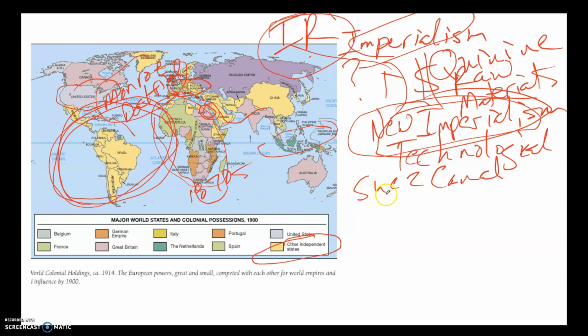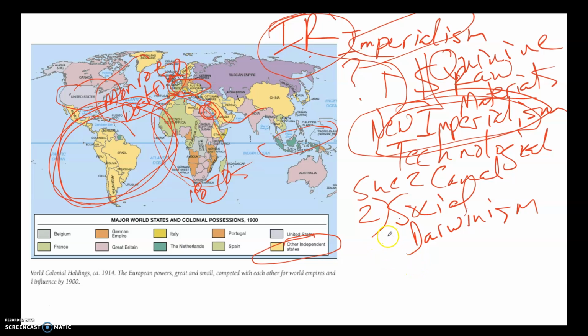Okay, so what are some other reasons? So we said economic, new imperialism. So number 2, social Darwinism. And one of our groups covered social Darwinism. And remember, Darwin in The Origin of Species in 1859 said there are phenotypes, physical characteristics that are more advantageous to environments, and those organisms that possess them will pass on their DNA and reproduce and continue their existence.